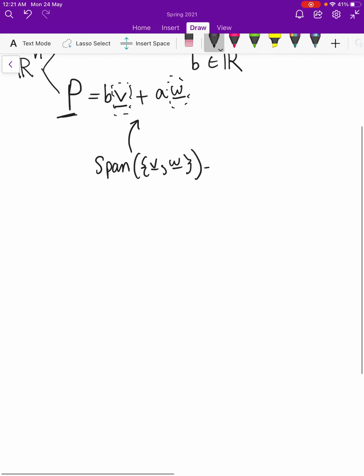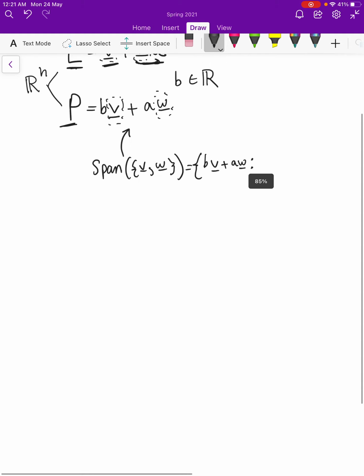Obviously I'll write this once, but we know that this just denotes a set such that, we already used a and b, so let's use a and b again, bv plus aw, and you can use colons to specify the condition. Oh, I wrote it differently this time. It doesn't matter, but I'll change it so it's consistent.